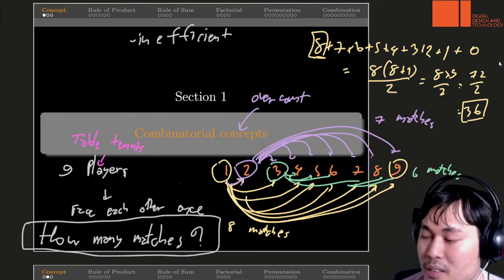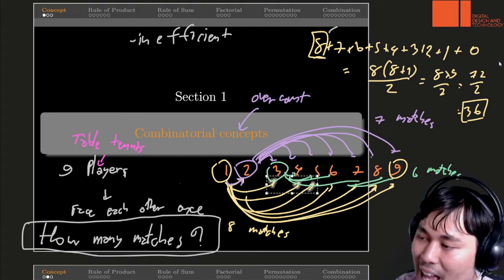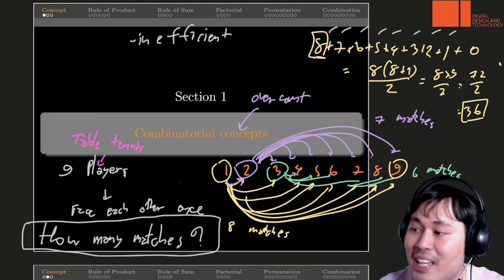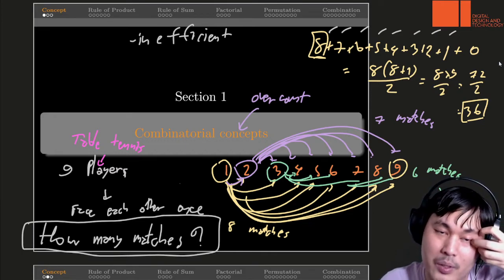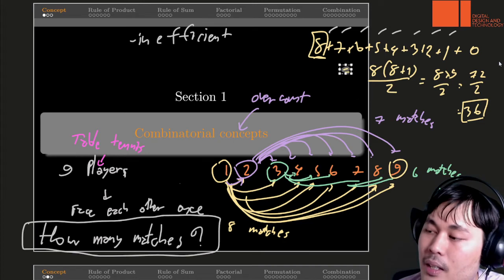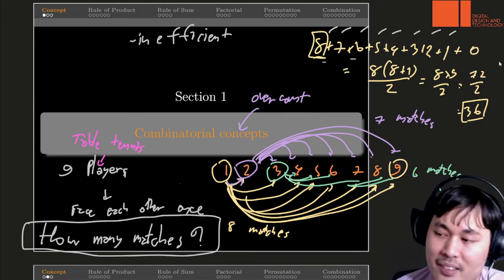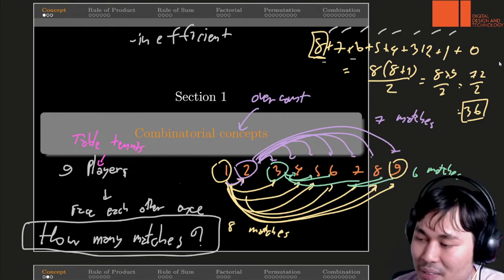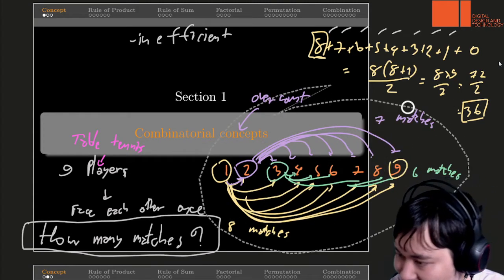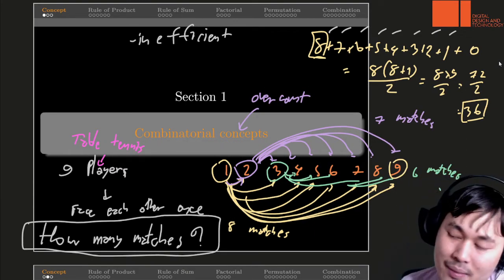But it is inefficient, in the sense that you have to go ask every single player, okay, how many matches have you had already, and so forth. That would take lots of time in practice. And also, even if you know how to write it, you have to make notes and draw all these lines and see the pattern.